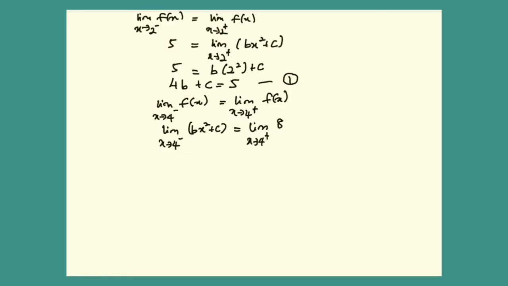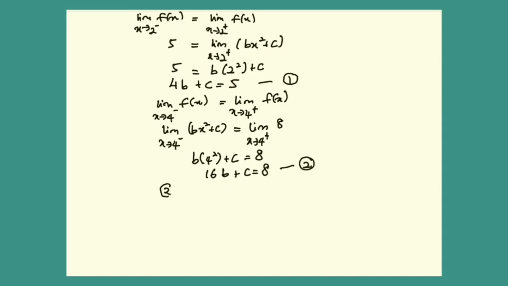And then substitute x equal to 4. Here is b times 4 squared plus c equal to 8. Here is 16b plus c equal to 8. This is the second equation.